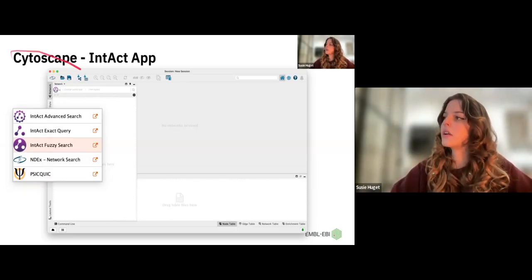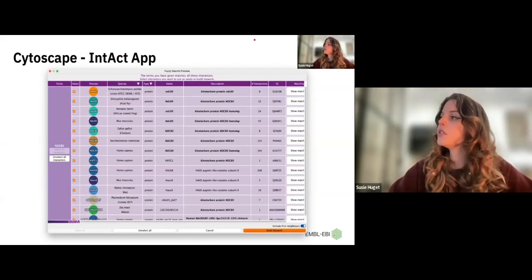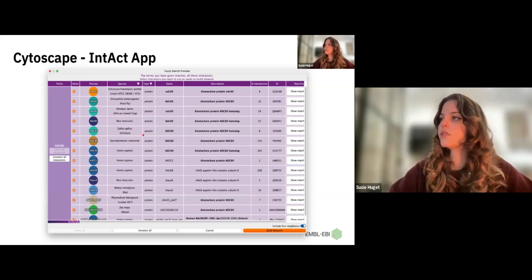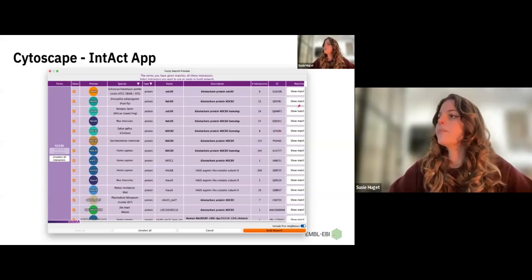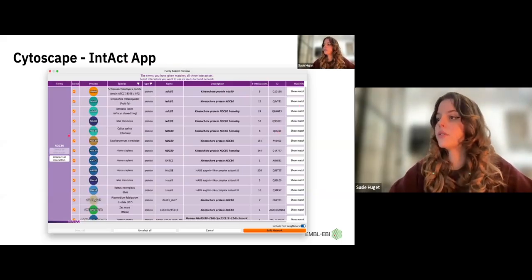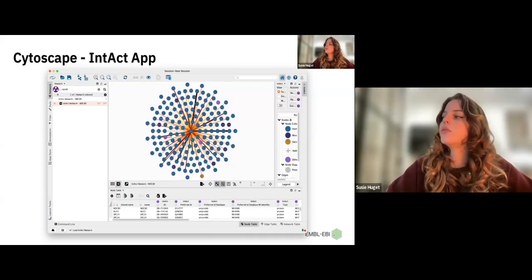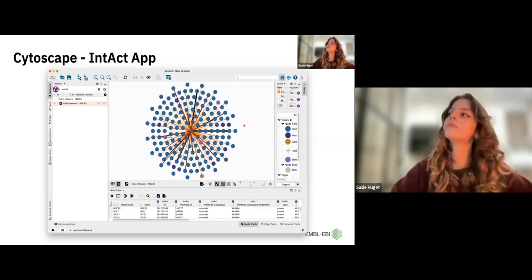When you click on search, it will display this window, showing all the nodes related to this term. Here I typed in NDUFS, so it shows all of them. You can select whatever nodes you want to display. I chose to display Homo sapiens and the first neighbors. When you click on Build Network, it will show you all the interactions for the selected nodes.